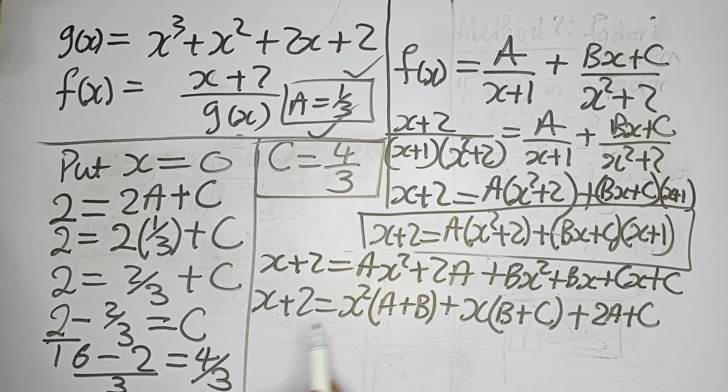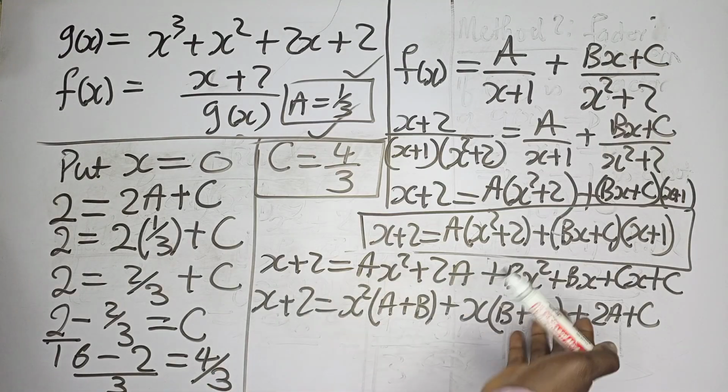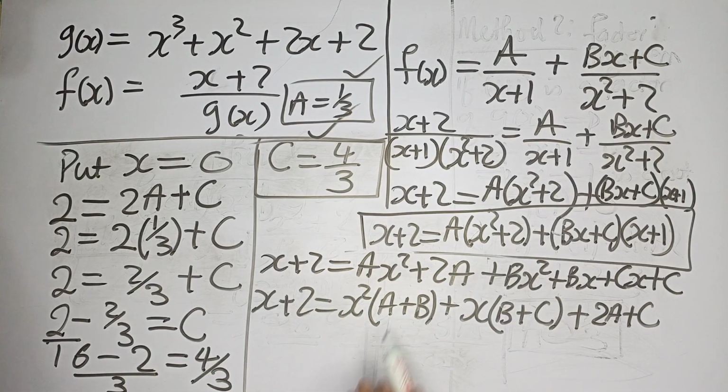So we have this quadratic, the right hand side is a quadratic expression and the left hand side is linear. So if we are saying this is equal to this, it simply means that the coefficient of the x squared term must be 0 because there's no x squared term this way.